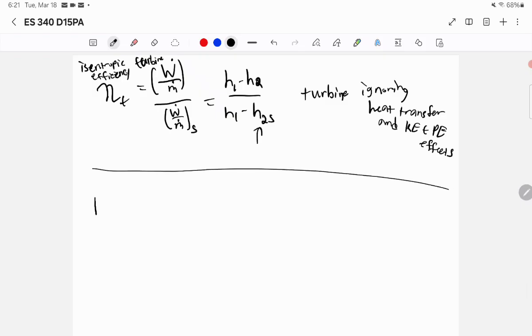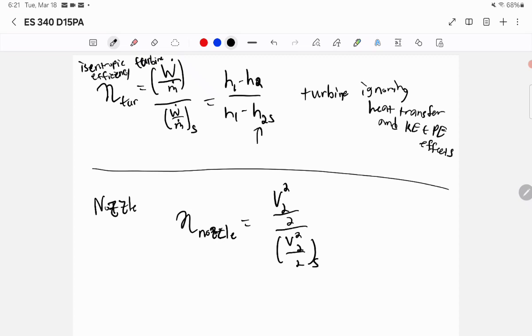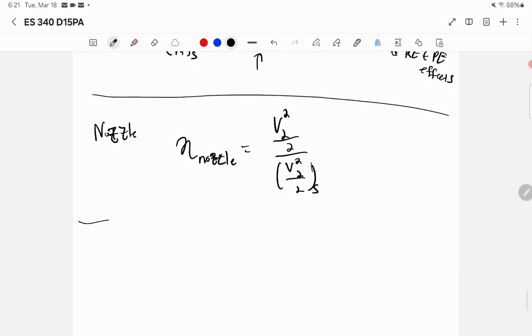Then we'll have the nozzle, which gives me eta nozzle, which is equal to V2 squared over 2 over V2 squared over 2 at the S state. Okay, so it's a similar idea. Assuming that it had been isentropic, what is my velocity? Which you would have to work through the details to figure out, of course, in the problem.